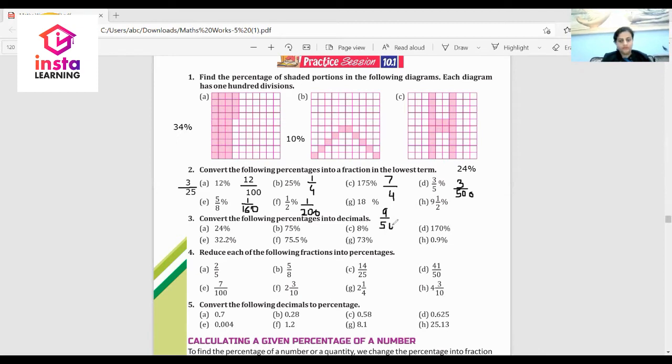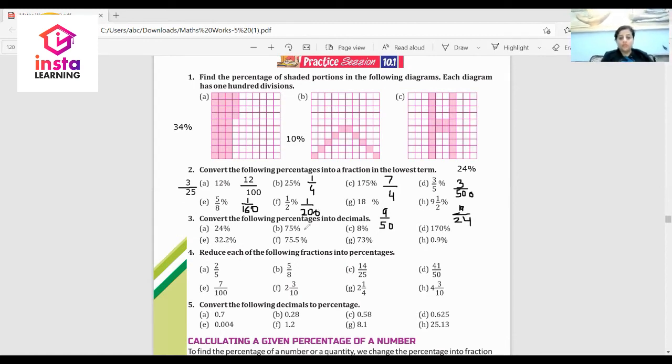For 9 and 1 upon 2, first of all you have to make it a proper fraction, then the answer will come as 19 upon 200. Okay, so this is the part of fraction.